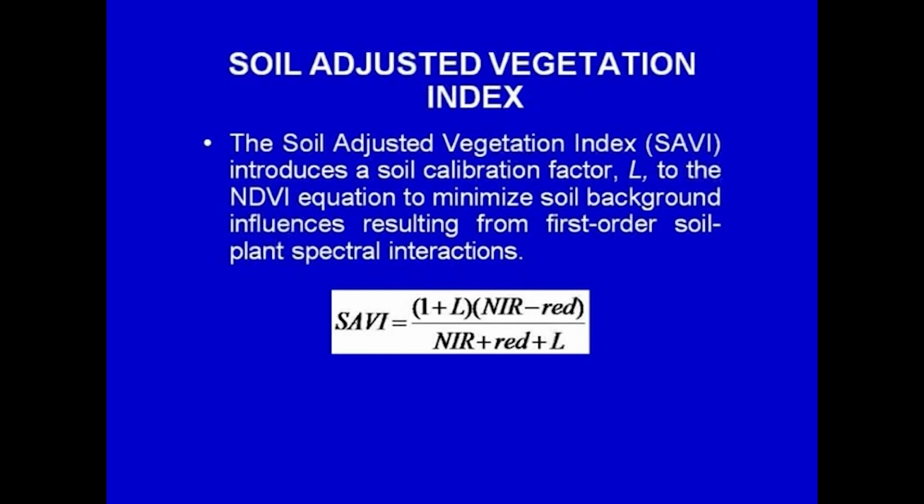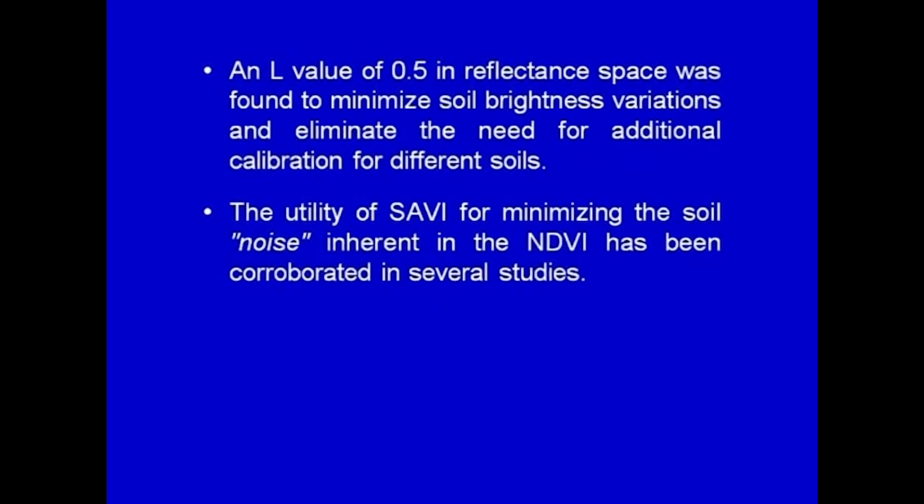It is 1 plus L multiplied by the difference of NIR minus the red band divided by NIR plus the red band plus L, and a value of 0.5 is assigned to L in the reflectance space, and it was found to minimize the soil brightness variations and eliminate the need for additional calibration for different types of soils.